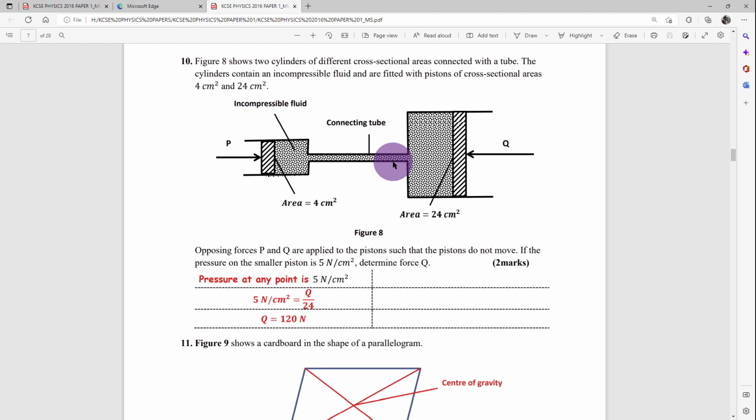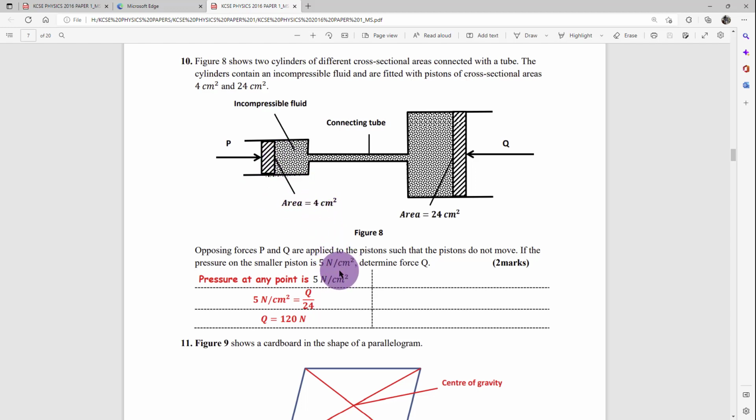Now, we are told that the pressure in the liquid is 5 newtons per centimeter squared. That means that this is just the hydraulic principle. That pressure must have been exerted by the force P on the smaller area. So when we do force P divided by the smaller area, it should be equal to force Q divided by the bigger area. But the pressure exerted by force P on area A1 is already given.